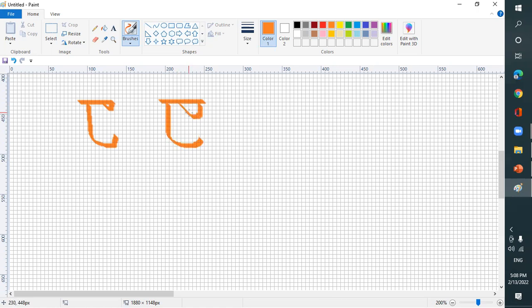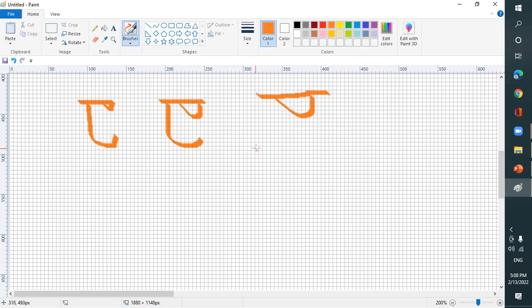One point I'm showing this again: when you do this bigger one, do not make it a triangle. It is exactly like I showed you here. It is thicker on the right-hand side, and when it comes down, it becomes thinner.